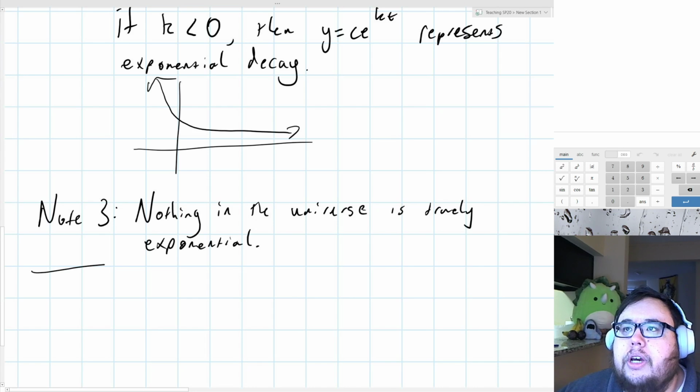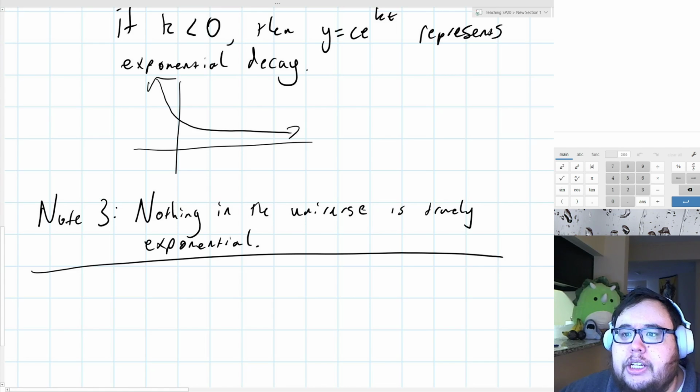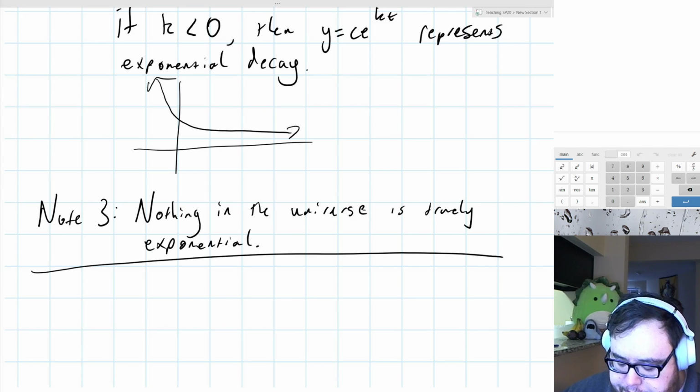Let's take a quick look at an example of something that we can model using exponential growth, and talk a little bit about the limitations of that system. Then we'll look at some other examples, and then we'll talk about logistic models.